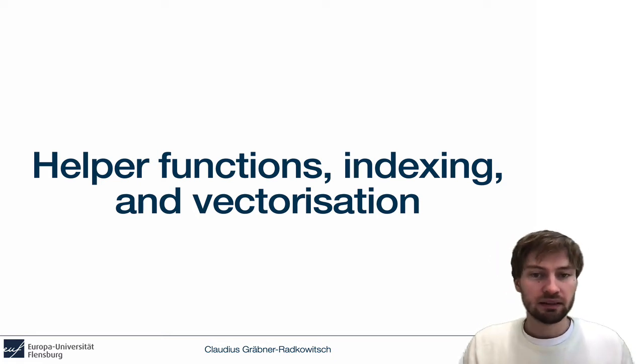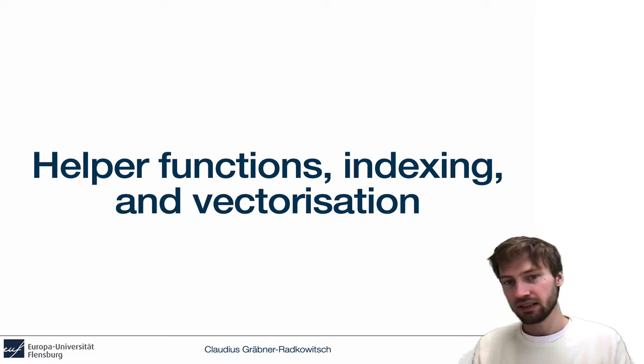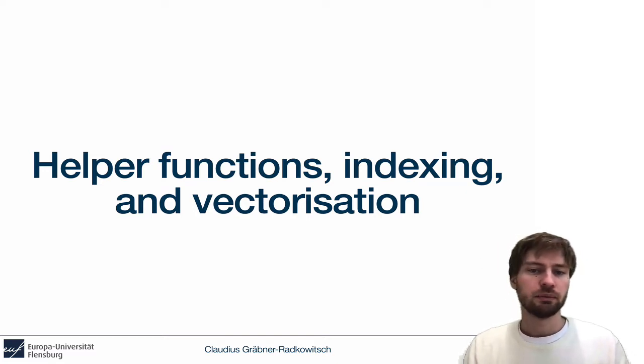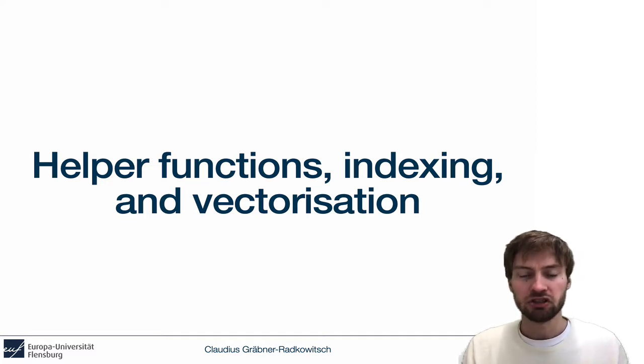So that is why this operation is called vectorization. It's a very particular feature of R, and it is one reason why R can be very, very quick in doing certain computations that involve many different elements.